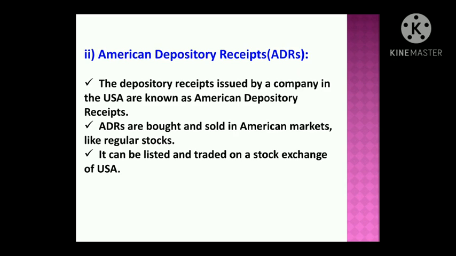Like GDR, ADR is also a negotiable financial instrument. ADRs are bought and sold in American markets like regular stocks. And it can be listed and traded on a stock exchange of the USA only, not throughout the world. So, these are the main features of American Depository Receipts.